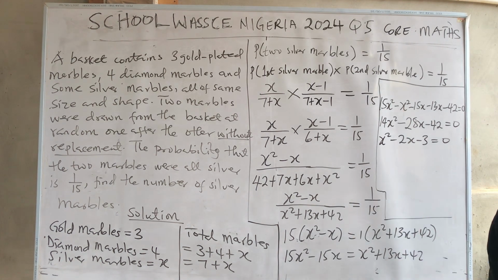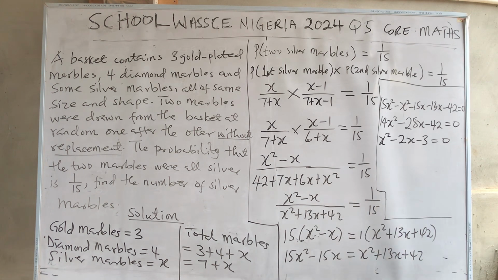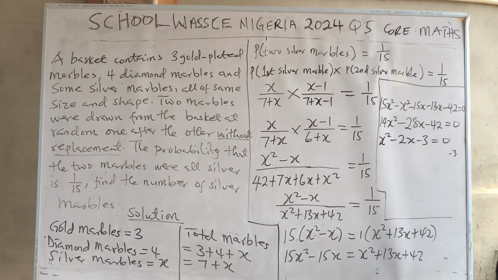And how do we solve this quadratic trinomial? We find the coefficient of s squared, 1. We multiply by the constant, which will give us negative 3. We need 2 factors of negative 3 that, when we add, will give us negative 2. And that will be what? I think negative 3 and then 1.